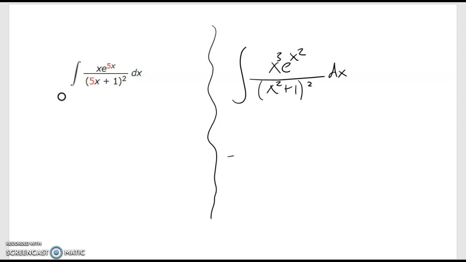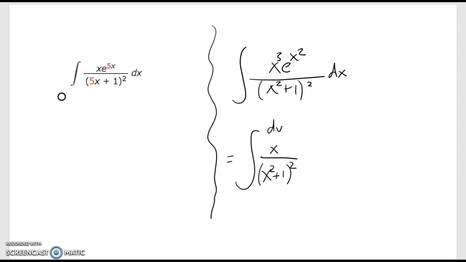For example, in this one, if I look at the denominator, x squared plus 1 squared, and I have an x up top, then I'm pretty confident I can integrate that, right? Because if I do u substitution and that's u, then du's up here. So I'm pretty happy I can integrate that. So that's what I want my dv to be.